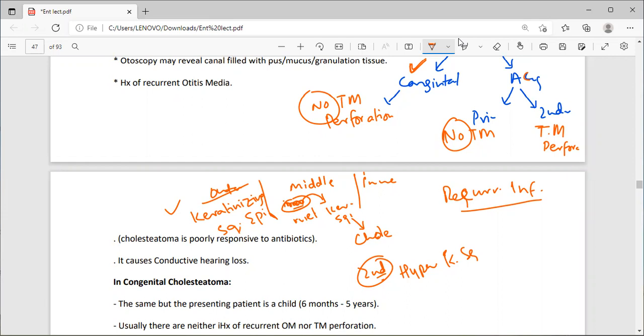They were shocked how this epithelium is present here without rupturing the membrane. So they came up with the idea that because of recurrent infection, there might be hyperplasia of the keratinized squamous epithelium, or metaplasia of the normal cell into keratinized squamous epithelium. These were all about the primary and congenital.